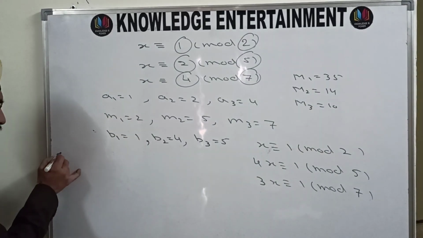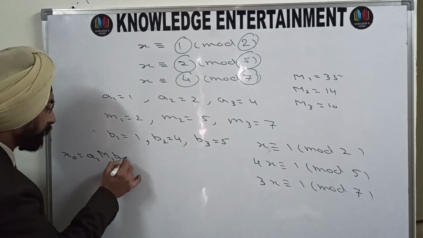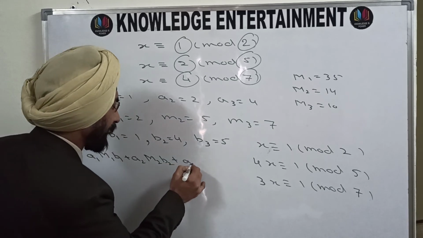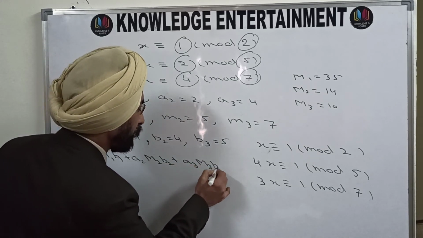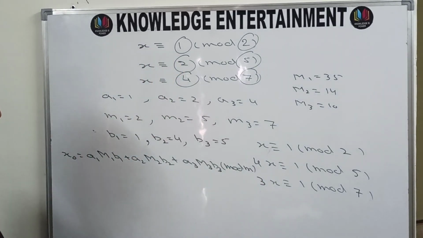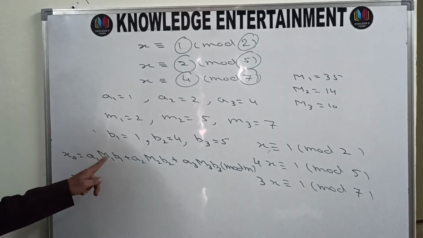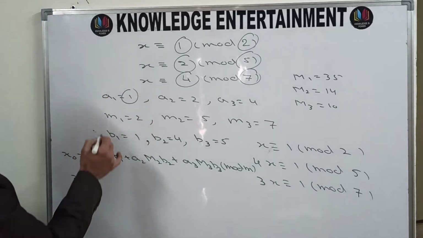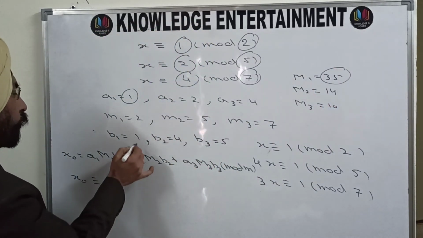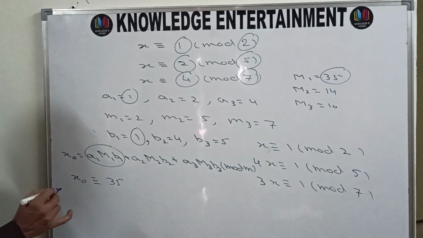Now your final solution x0 is a1 M1 b1 plus a2 M2 b2 plus a3 M3 b3 modulo M. Now just simple calculation work remains. a1 into M1 into b1 is 1 into 35 into 1, which is 35.